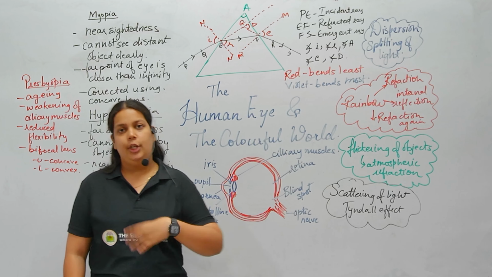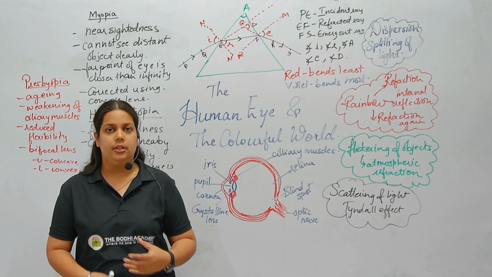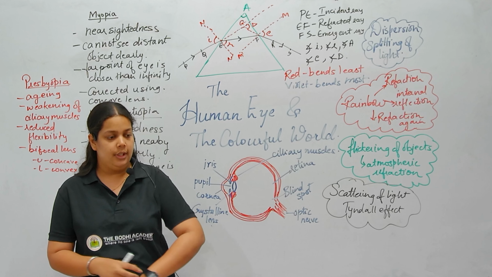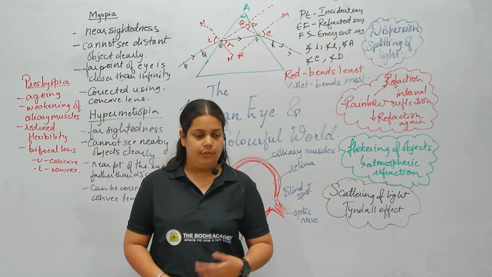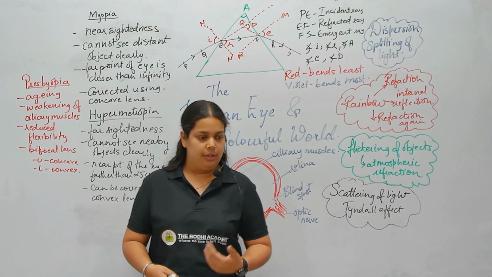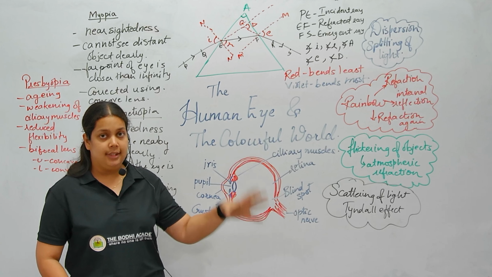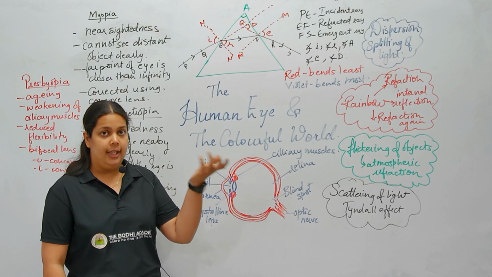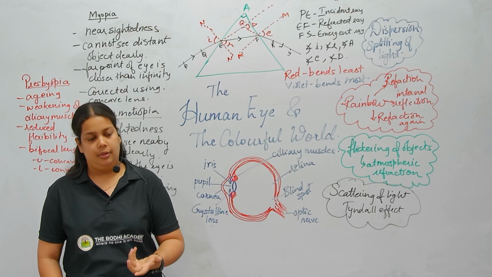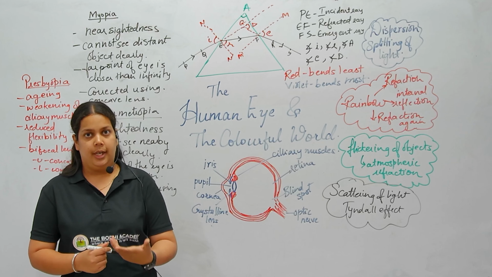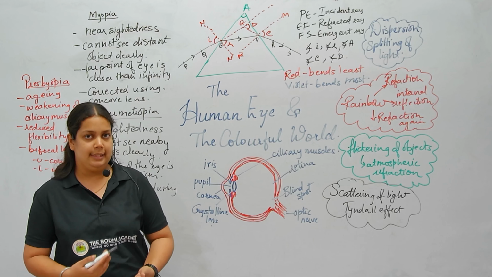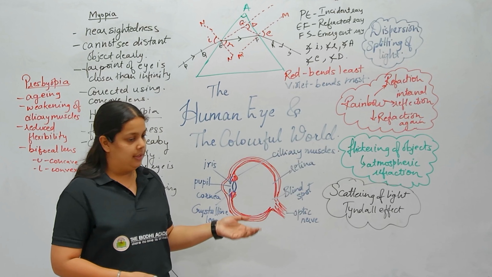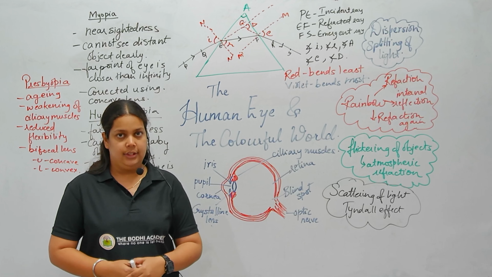So the ability of the eye lens to adjust the focal length according to the objects or focus is known as accommodation, and the focal length of the eye lens cannot be decreased below a certain minimum limit. So the minimum distance at which we can see the objects clearly is known as the near point of the eye, or the least distance of distinct vision.